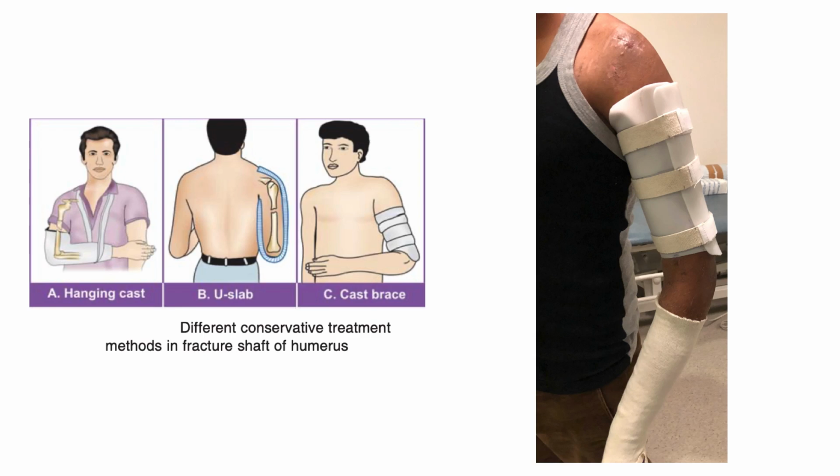Then you have a plaster U splint, that is the coaptation splint. This U shape, if you see in image B, the U slab basically, is sufficient in most situations of fracture of the proximal and middle third of the humerus, and that's how it is helpful in that particular form.